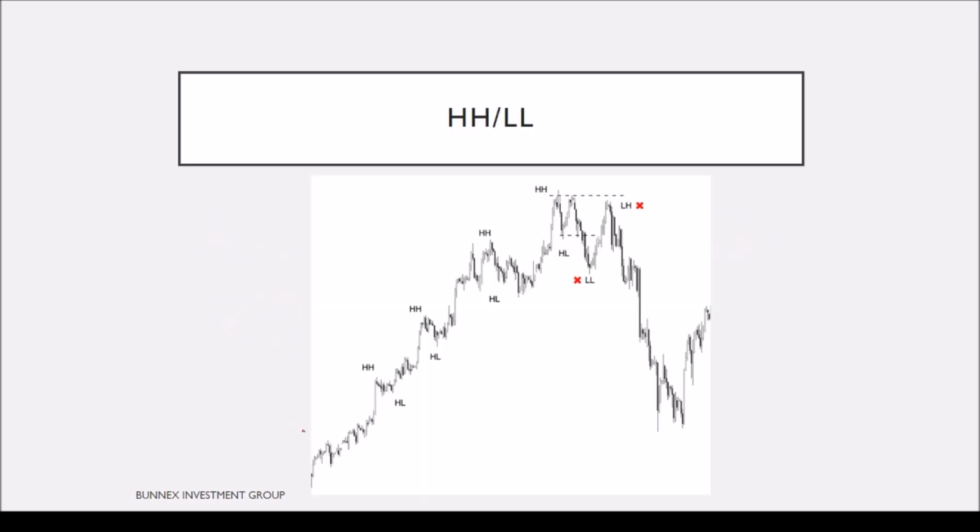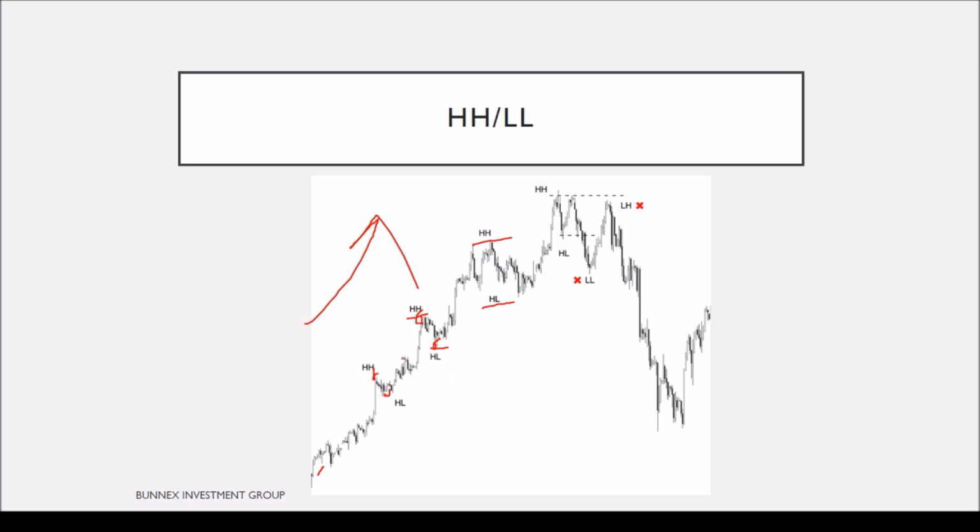This is the scenario of what we are trying to describe. As you can see, the market is going up, right? How did we determine the uptrend? Because we can see this high is higher than this one, and this low is higher than this one. Therefore, we have a higher high and a higher low, another higher high, another higher low.